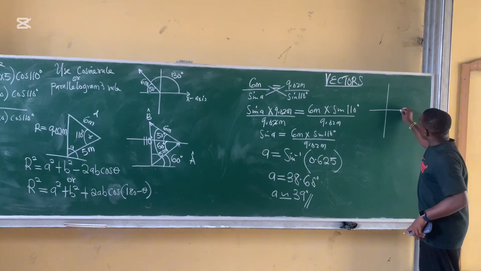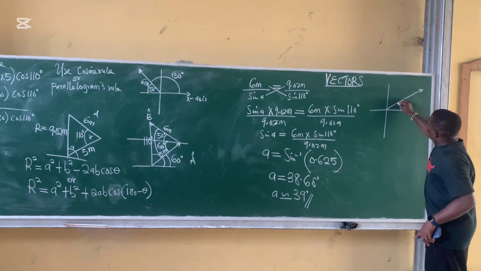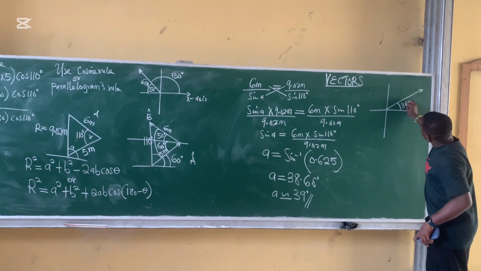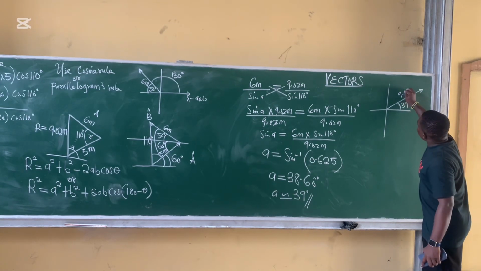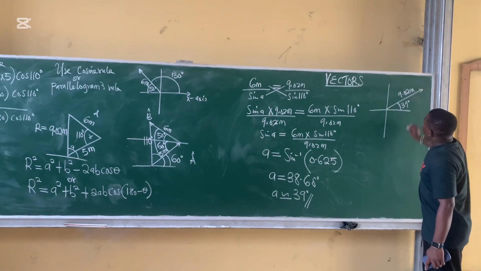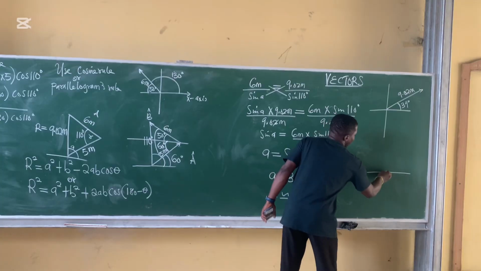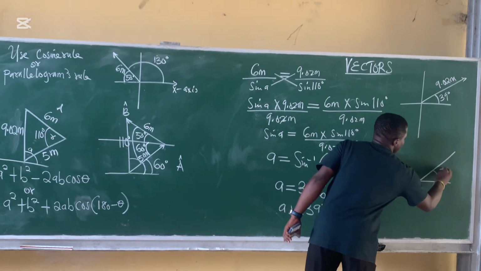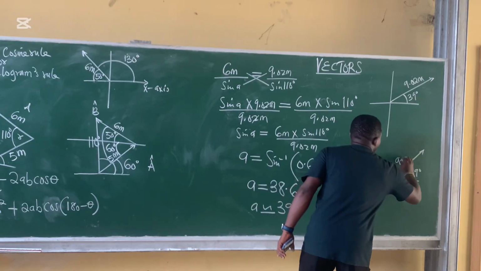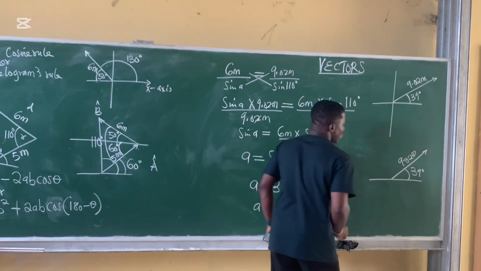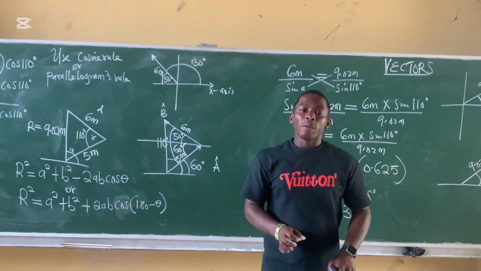So from here to here, this is 39 degrees, and my resultant is 9.02 meters. So I can finally draw something like this. This is 39 degrees, and this is 9.02 meters. So this is the resultant of the addition of two vectors.